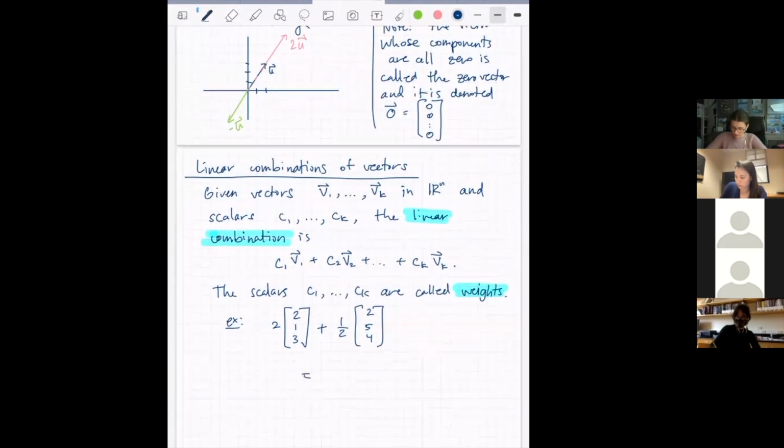So this would just be 4, 2, 6. So we multiply each entry by 2. For the second one, we multiply each entry by 1/2. We get 1, 5/2, and 2. And then we add those two things together. So we have 5, 9/2 and 8.